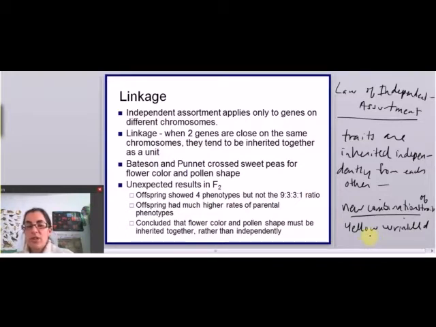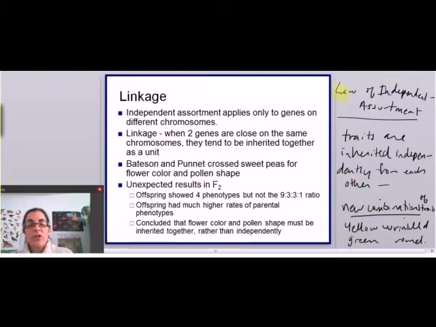So in the previous generation, the parents had been yellow round and green wrinkled. Yellow wrinkled and green round were both new combinations that appear because the traits are inherited independently from each other. They don't have to be passed on in the combinations that the parents had.